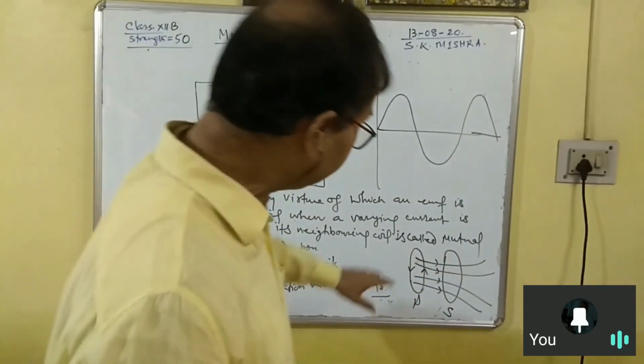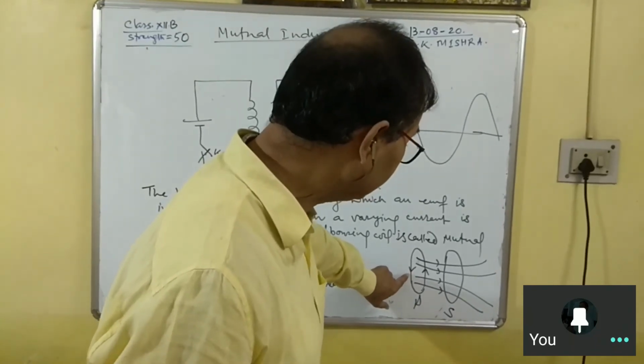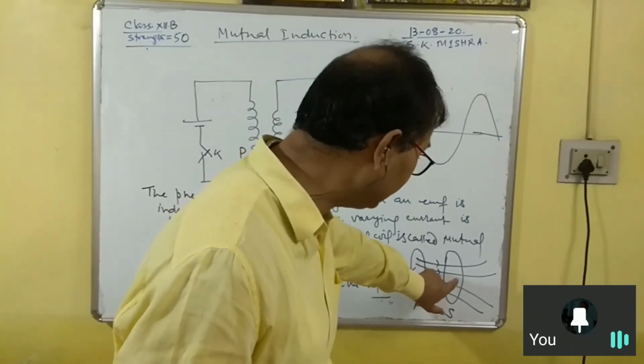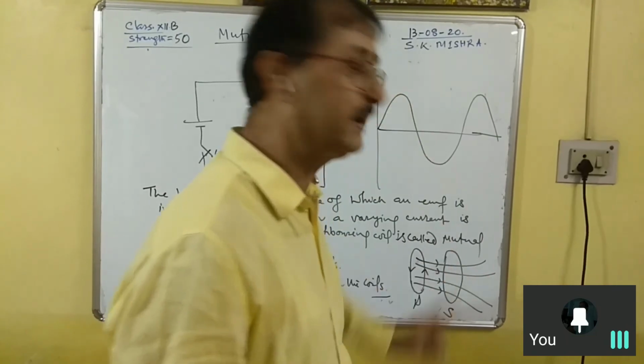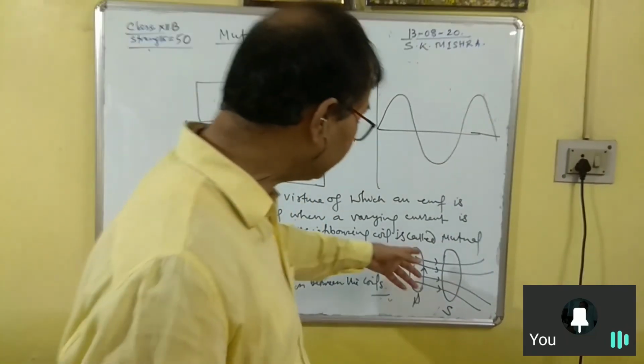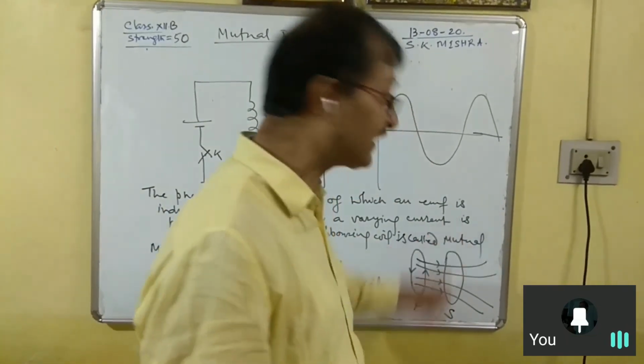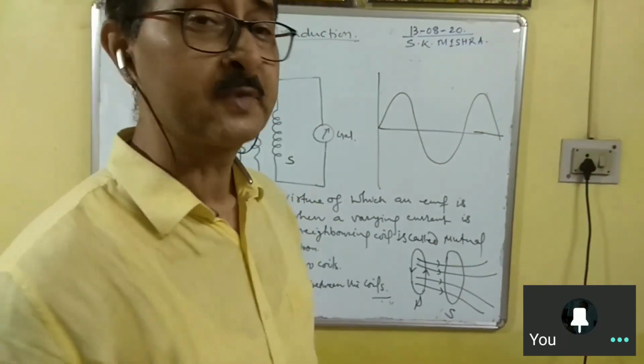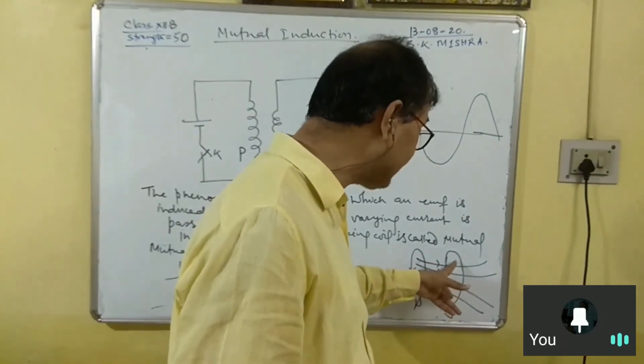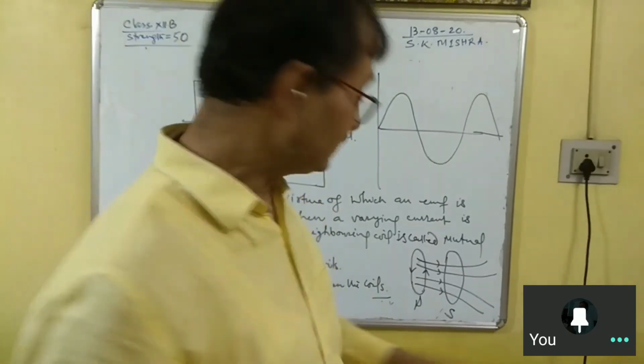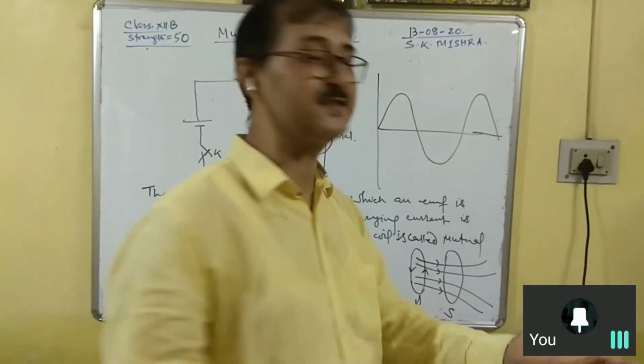So change in current through this coil will bring a change in magnetic field through the secondary coil. And consequently, the flux linked with the secondary, which is B into A. So since magnetic field at the place of secondary coil is changing, so flux linked with the secondary is also changing.